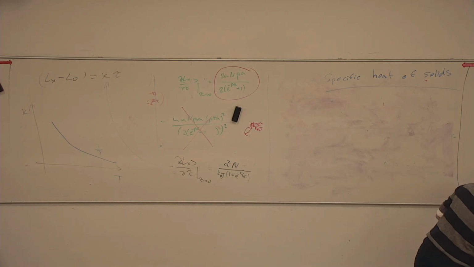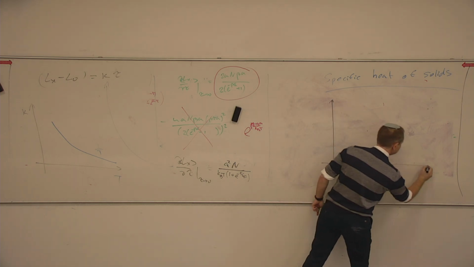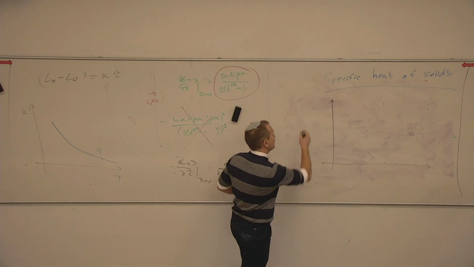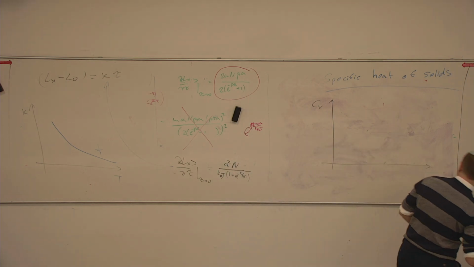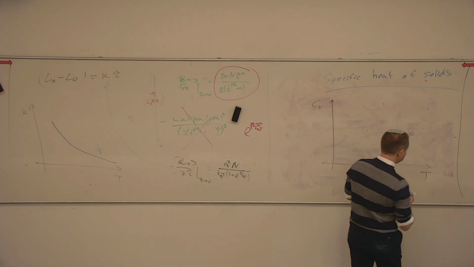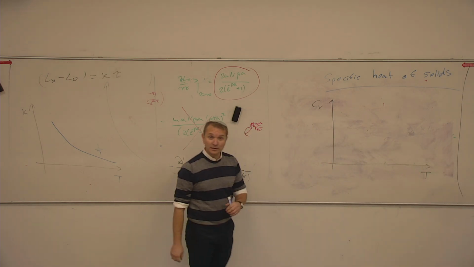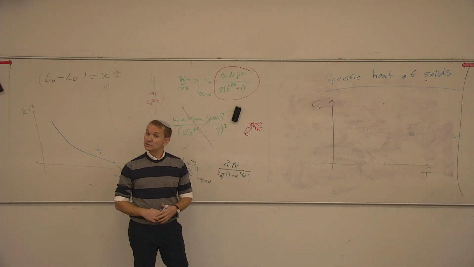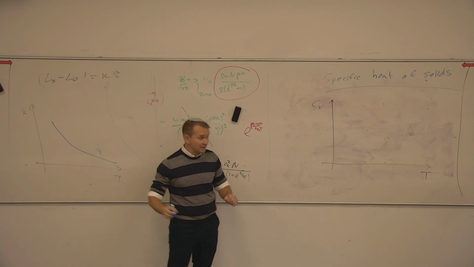So you want to calculate the specific heat of a solid. And you have many different solids. So this is your CV. And here you have your temperature. And surprisingly, for almost all the solids that you measure, you have very universal behavior. In what sense?